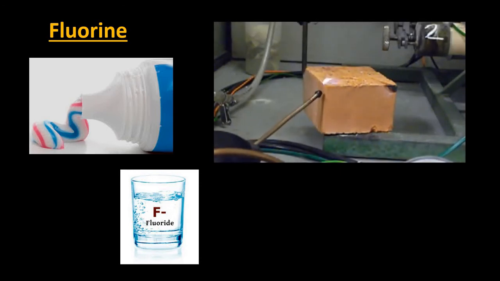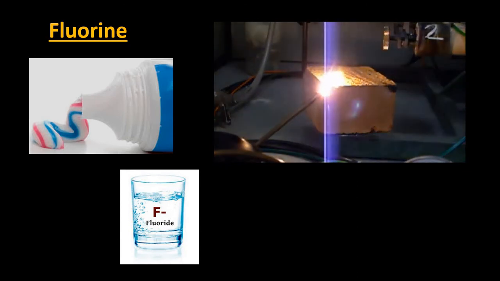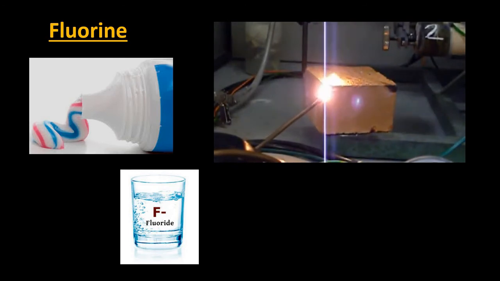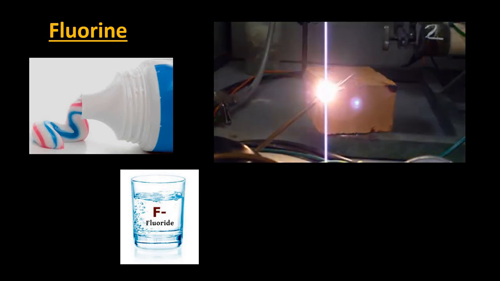Okay, so it's just flowing over the surface. There's no fire or heat involved. It's just that reactive. Okay, you can see there's no fire coming out of the torch. It is literally just a gas.